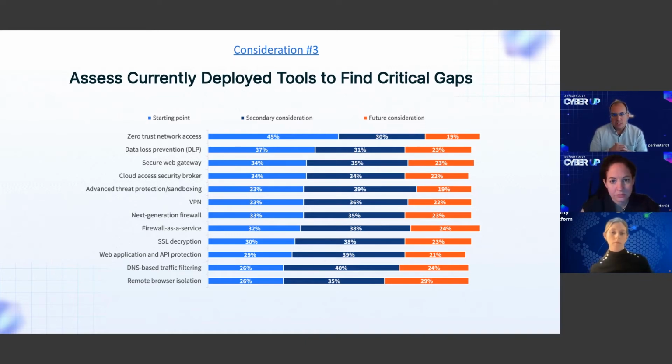In terms of consideration number 3, and I just mentioned this, look at what you already have in the environment, and then identify where there are some critical gaps. So, this is a little bit of an eye chart, but left to right, it shows the percentage of respondents who say a particular tool or technology is a starting point for SASE, a secondary consideration, or a future consideration.